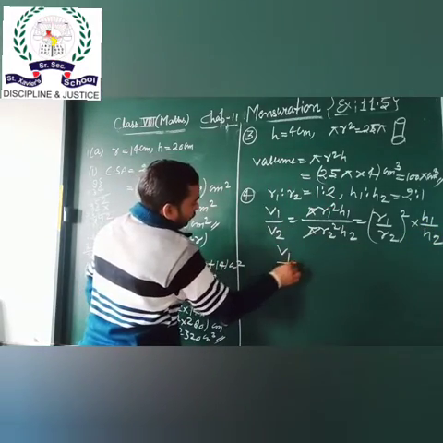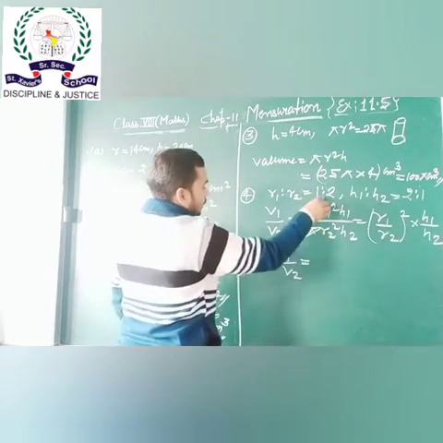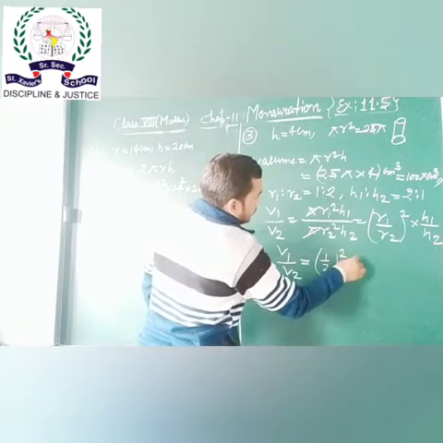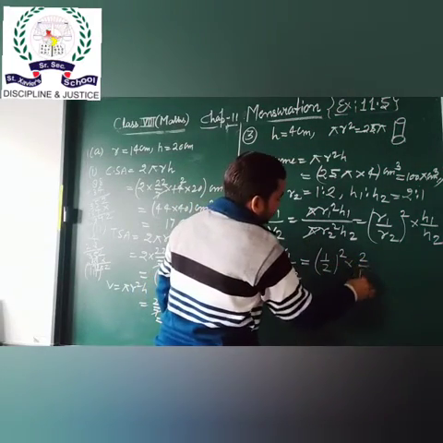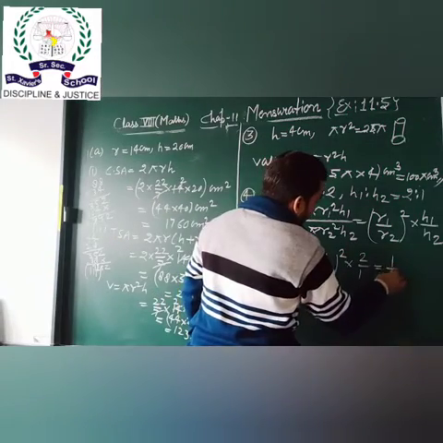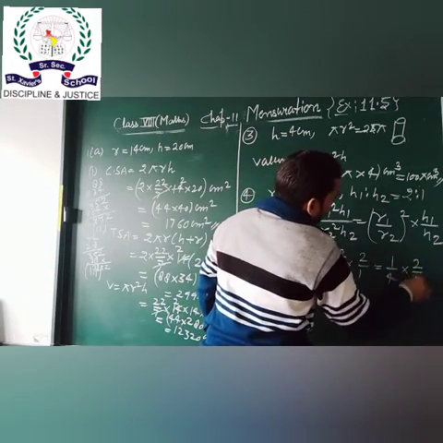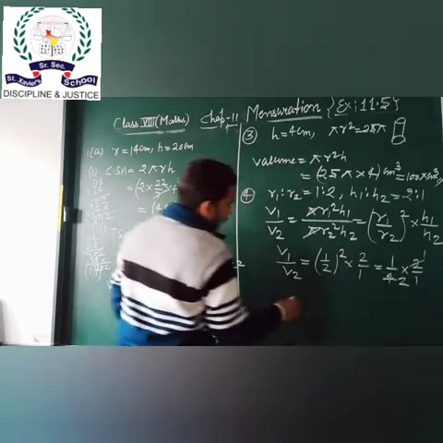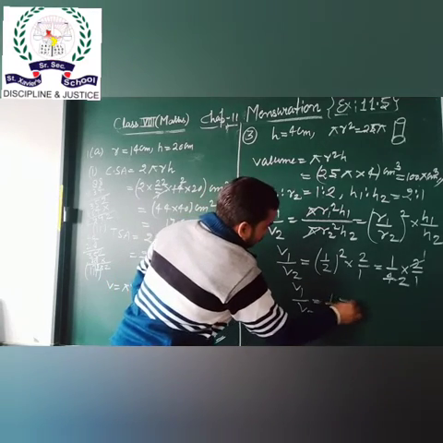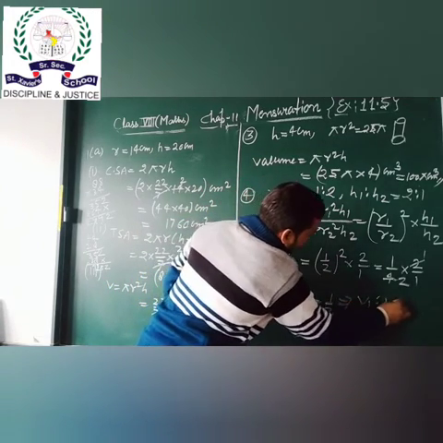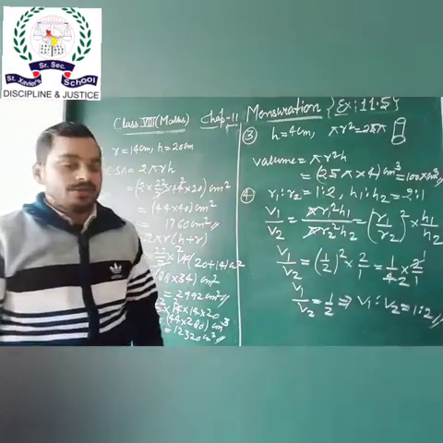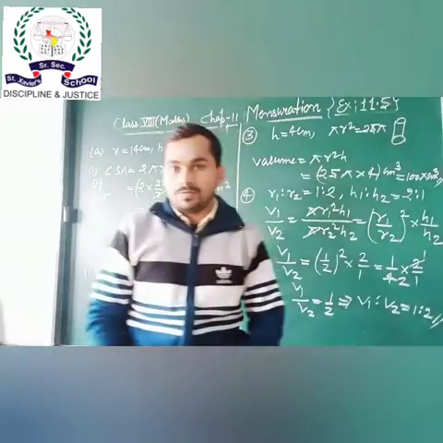So v1 upon v2 equals (1 upon 2) whole square into h1 upon h2, that is 2 upon 1. The square of 1 upon 2 is 1 upon 4, so 1 upon 4 into 2 upon 1. 2 ones are 2, 2 fours are 8, so v1 upon v2 equals 1 upon 2. That means v1 to v2 is 1:2. So the ratio of their volumes is 1:2.